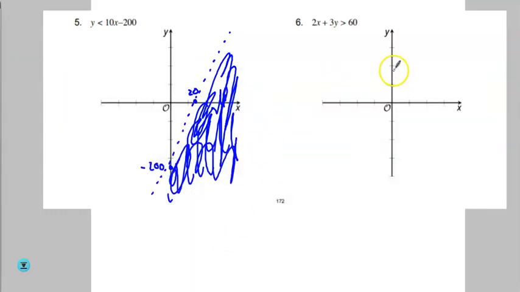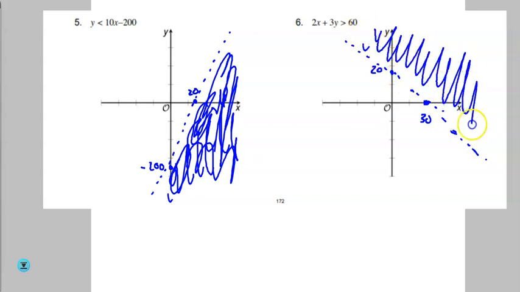So that's the Desmos calculator. Put them in, pretty simple. Make sure you get the shading.